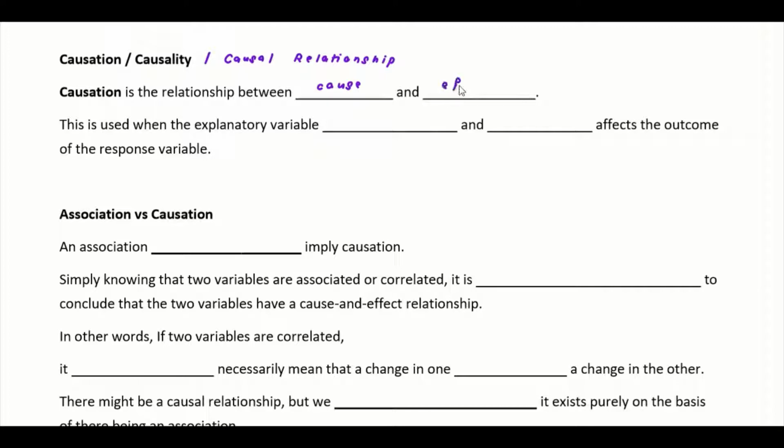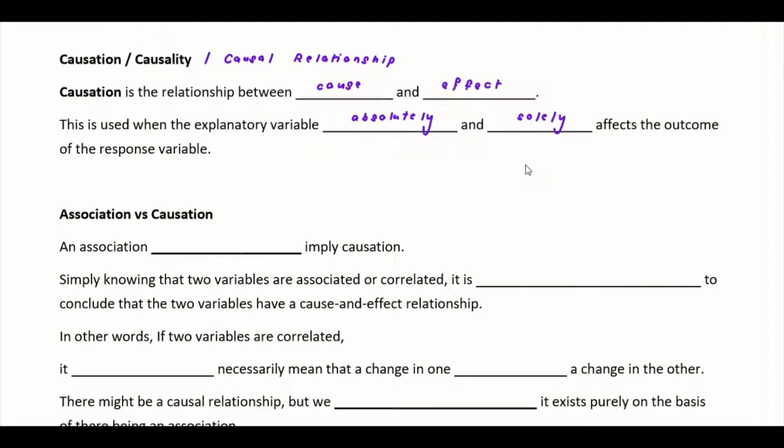When we say A causes B to happen, it means that when A happens, then B will happen. This is a cause and effect relationship. Remember that we only use this term when the explanatory variable absolutely and solely affects the outcome of the response variable, which means that no other variable can affect the outcome. It's only the EV and the RV.